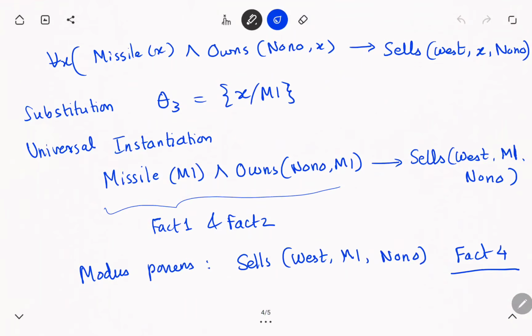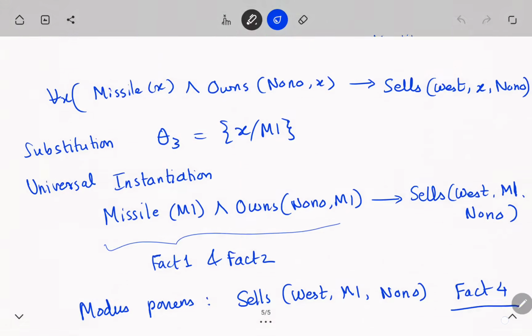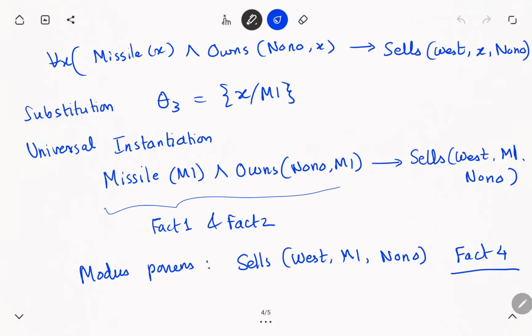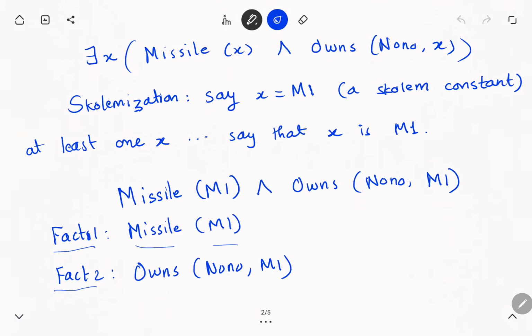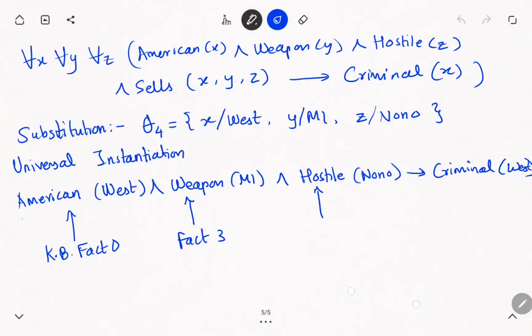Weapon M1 was a fact that we proved as fact 3, right? This was KB fact 0. Hostile no is also what we inferred as fact 0, after we started proving it. American West was a given in the question itself.